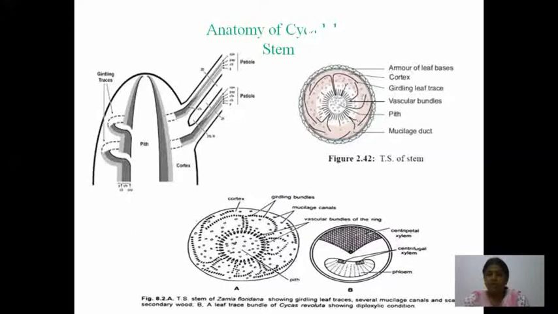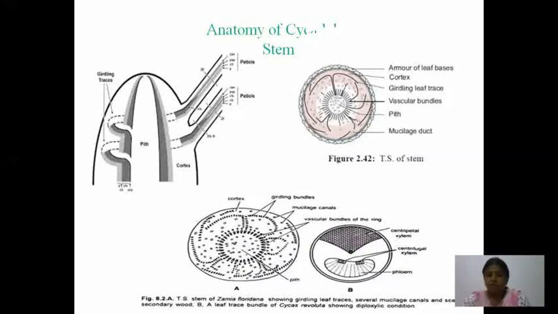In the secondary wood, some rays are also present in the secondary xylem. Some rays are 2 cells wide, while some are very high. Some broader rays are also present through which these leaf traces move in the vascular bundle.